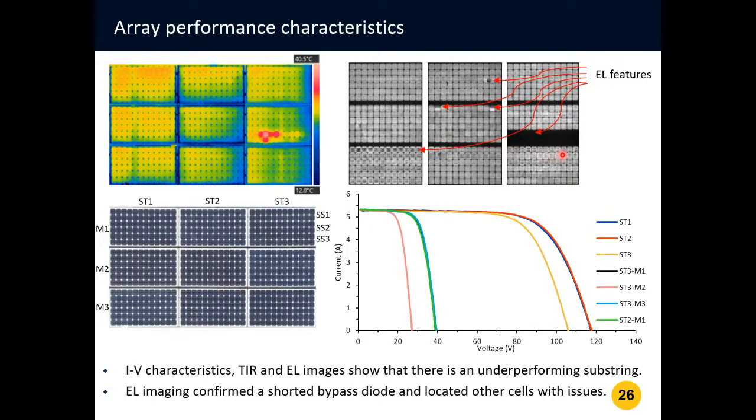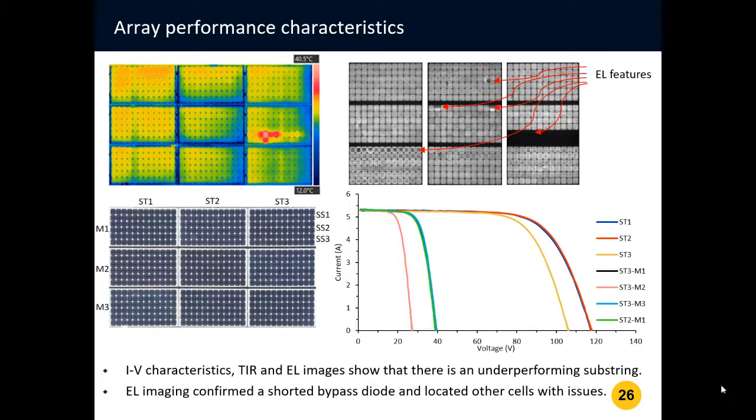That is why the IV curves of the underperforming module and the underperforming string have no bumps in them, because the bypass diode across the underperforming substring was defective, and it was shorted.